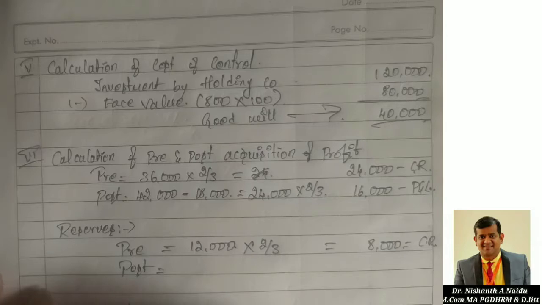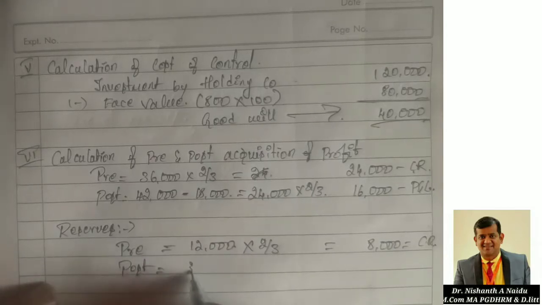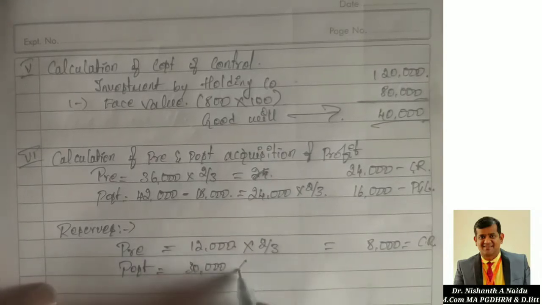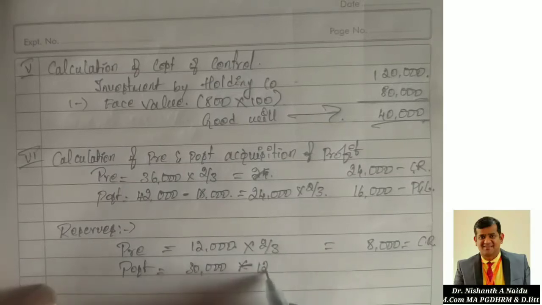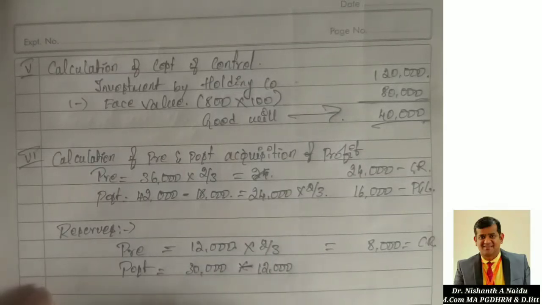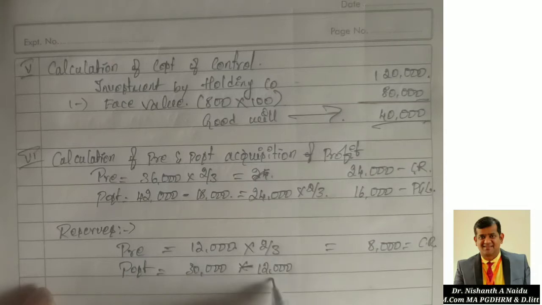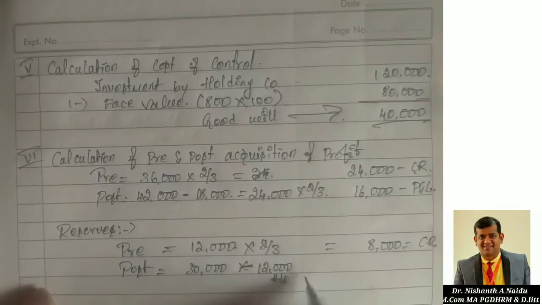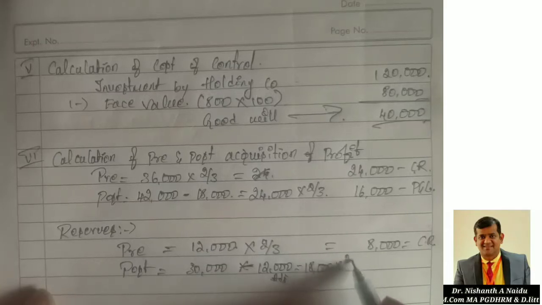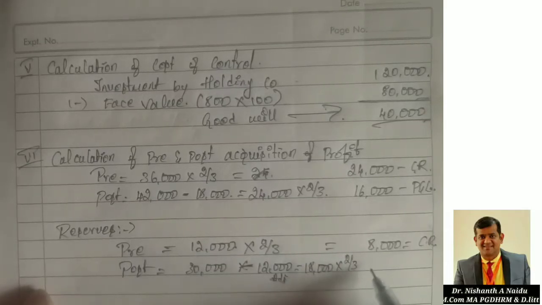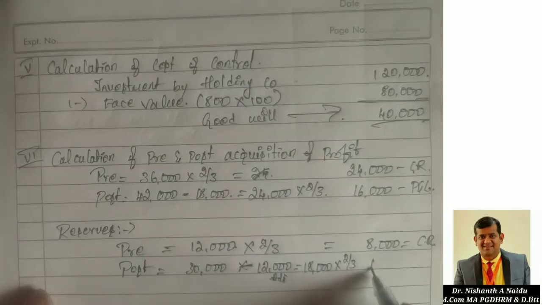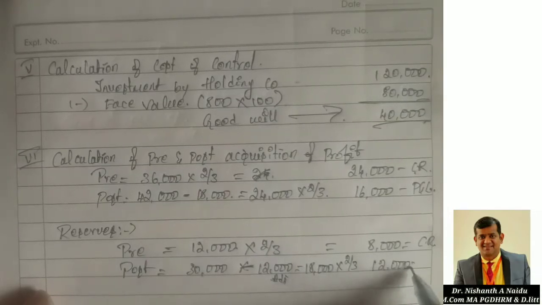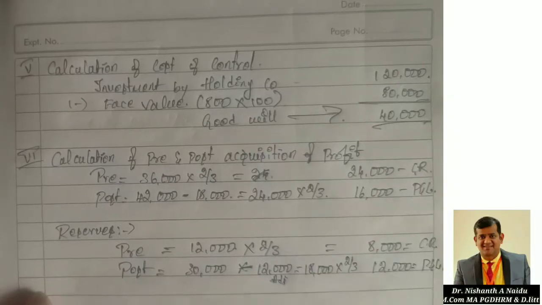Post acquisition general reserve: he has given 30,000, minus 12,000 given in the adjustment, so I am deducting. We get 18,000 into 2 by 3, which is 12,000. So 12,000 should be transferred to the P&L account.